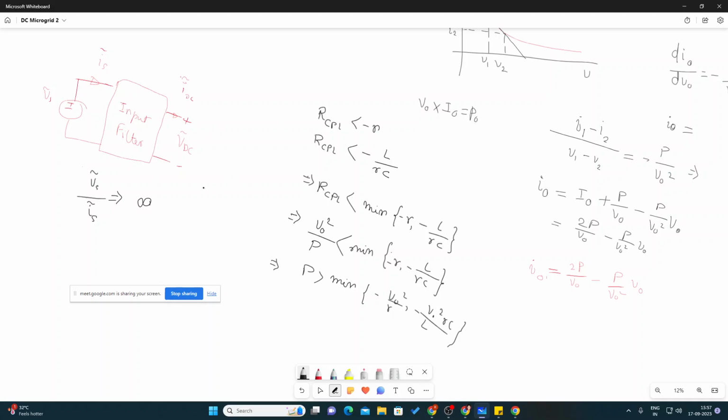So any disturbance on the input side will not affect this side. This should be very high, not infinite. This is ideally infinite. This impedance must be very high.